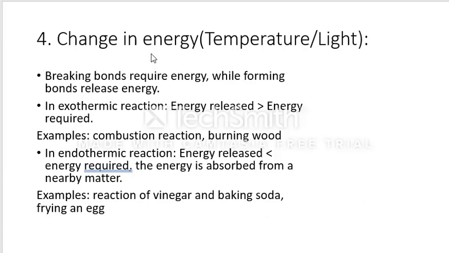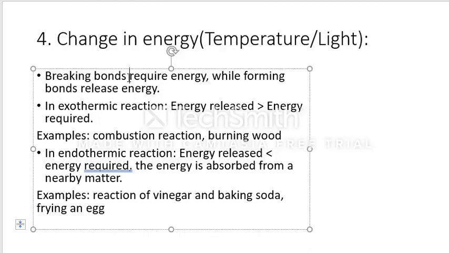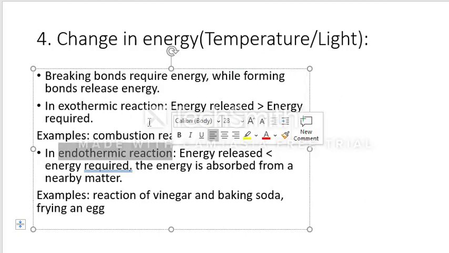Number 4, change in energy. Like we discussed in class, breaking of bonds happens in the reactants, forming bonds happens in the products. Now, we have two types of reactions, exothermic and endothermic.